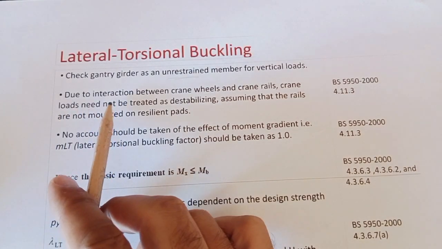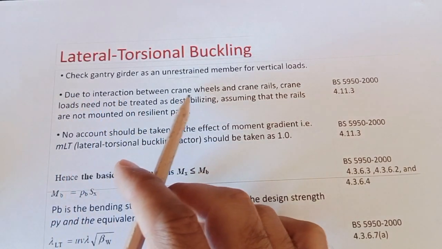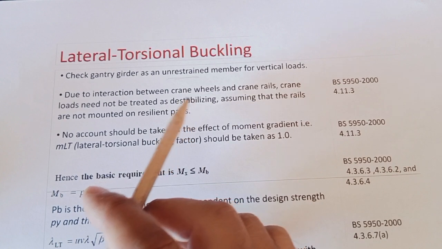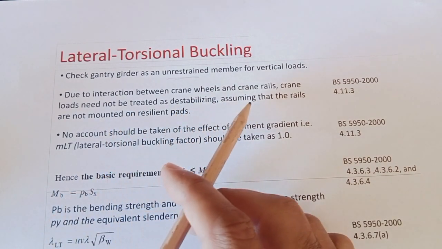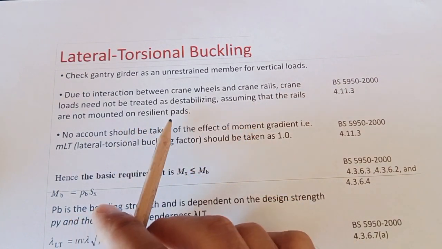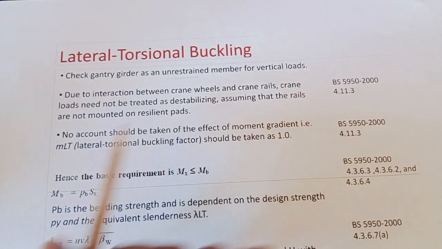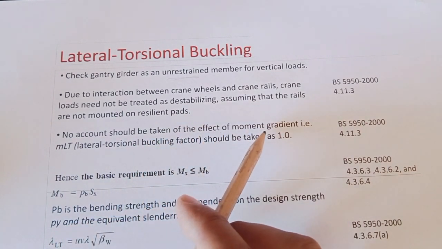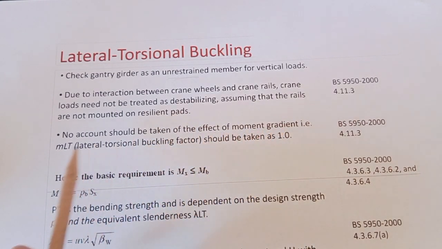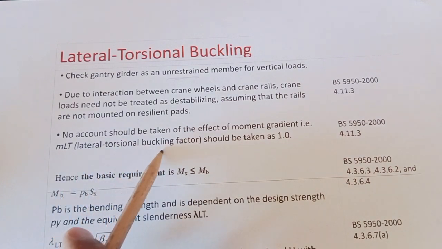Due to interaction between crane wheels and crane rails, crane loads need not be treated as destabilizing, assuming that the rails are not mounted on resilient pads. Also, no account should be taken of the effect of the moment gradient, so the lateral torsional buckling factor mLT should be taken as 1.